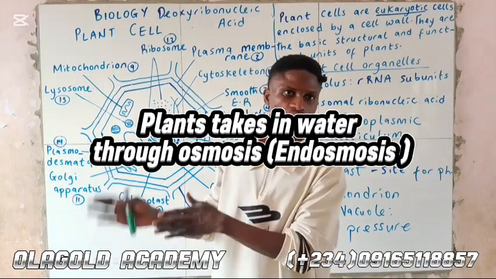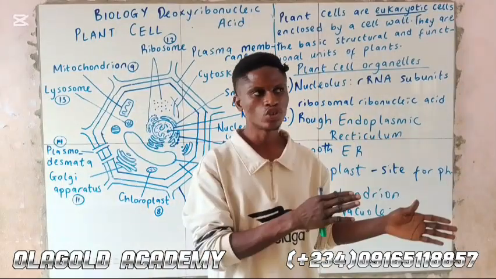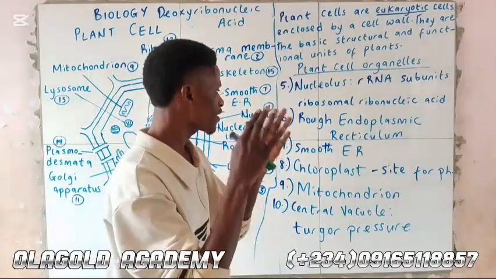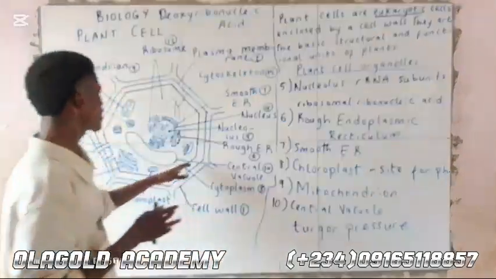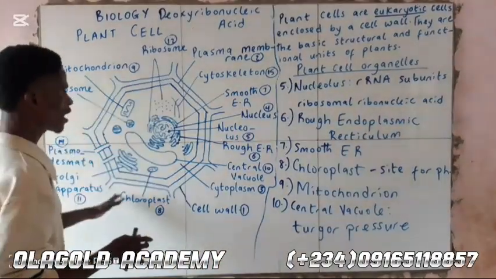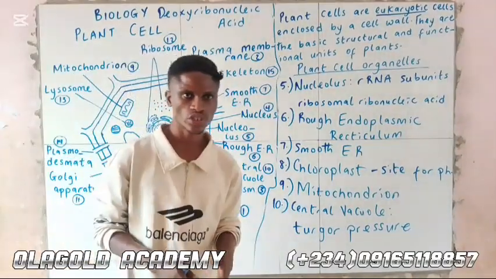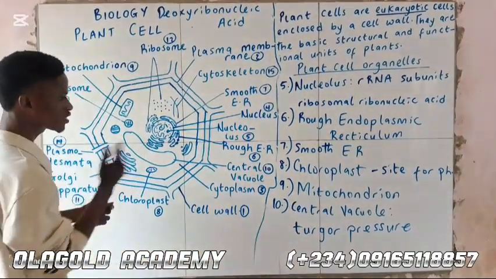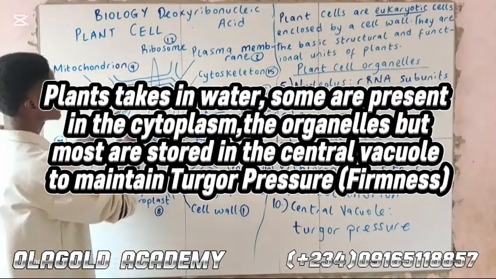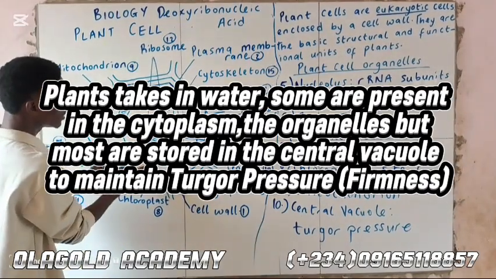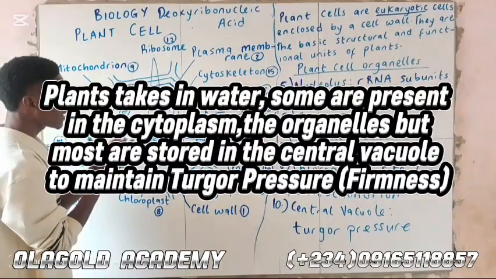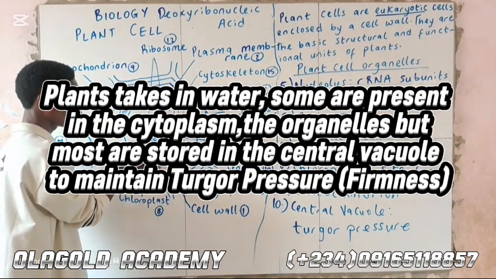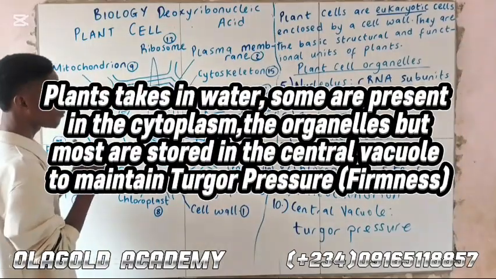I've already explained that in the video of cell and its environment. I explained how the plant cell takes water to become turgid. So the plant cell takes water, and some of this water is in the cytoplasm, while most of it is stored in the central vacuole to maintain turgor pressure.